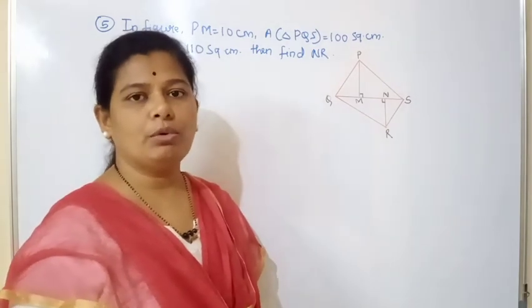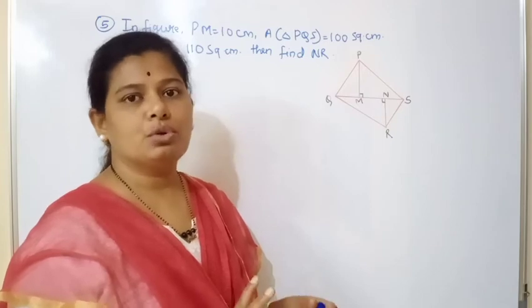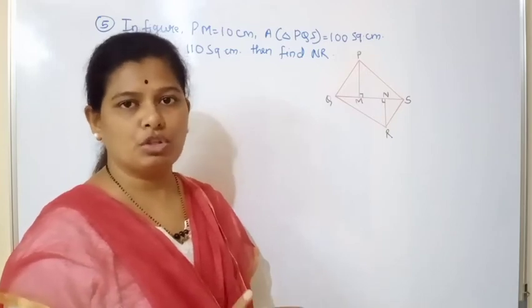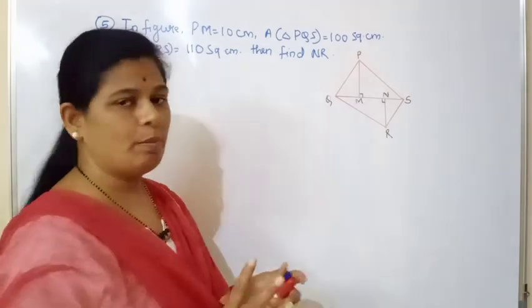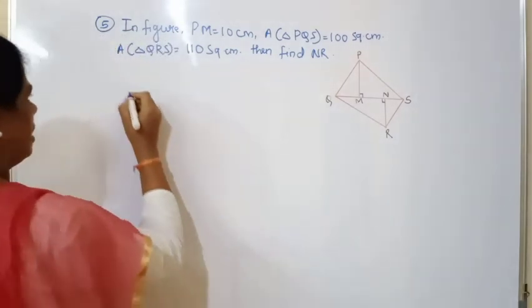So from this we come to know that the bases of both the triangles are the same, so the areas will be proportional to their heights. So we will go towards the solution now.